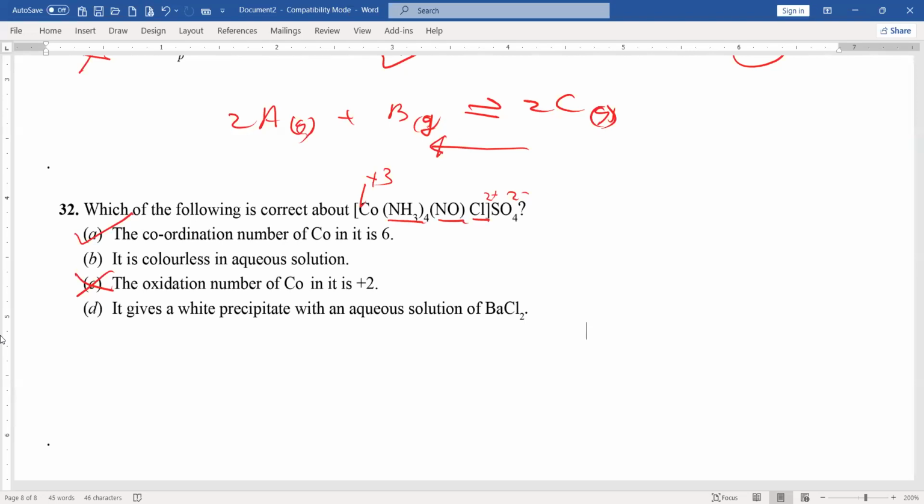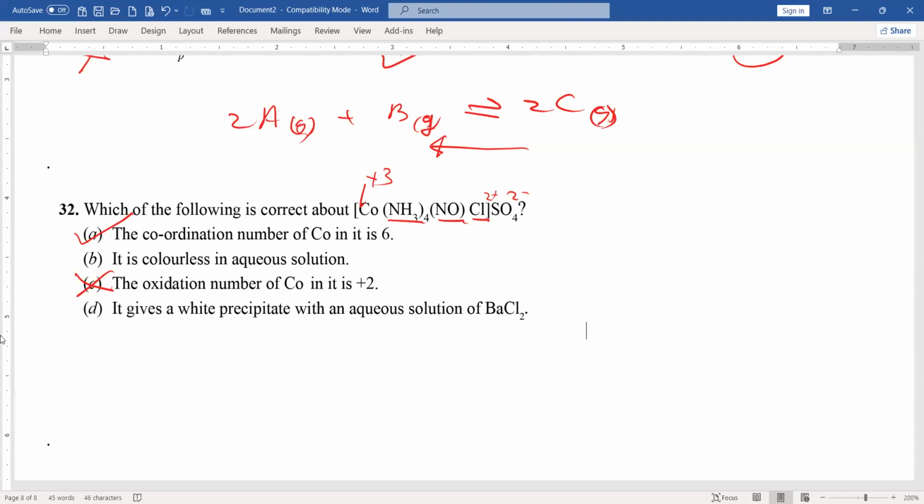Sometimes the coordination number will equal the number of ligands, but precisely it is given as the number of dents. How many dents? A dent is a lone pair. Ammonia will give one lone pair to cobalt, that is one dent. Polydentate ligand, monodentate ligand, and so on. The first one is correct.